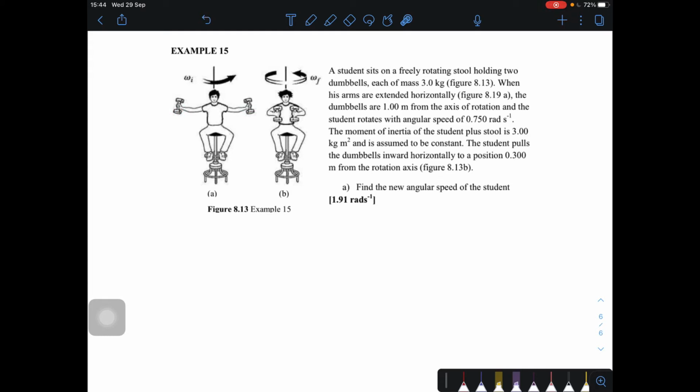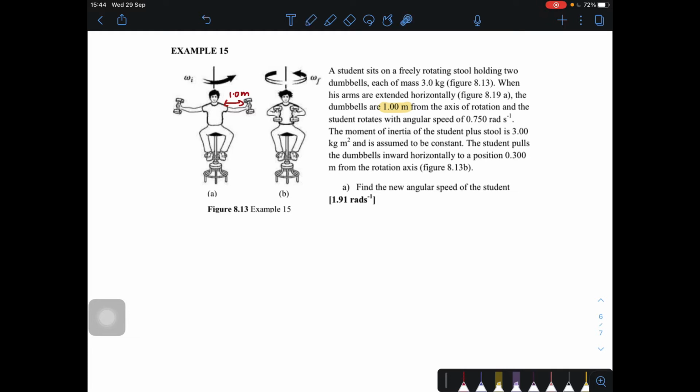So first, the student extends his arms, like this. Where the distance of the dumbbells from the axis of rotation, this is the axis of rotation, is 1 meter. This one, 1 meter. So when he extends, his distance is 1 meter.